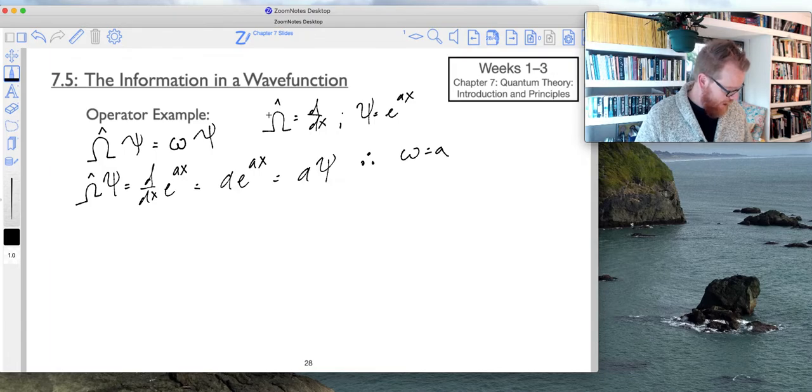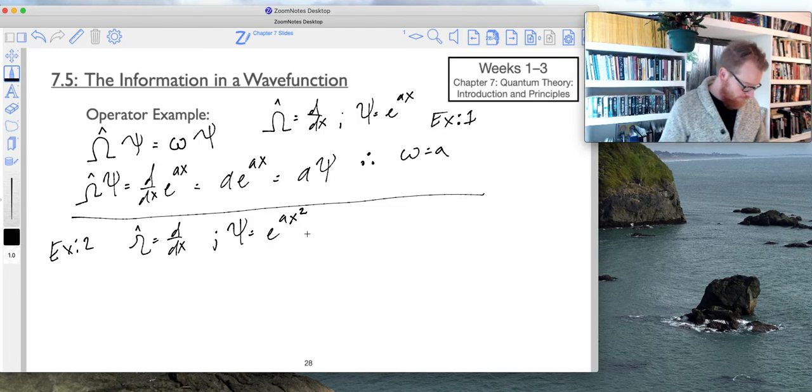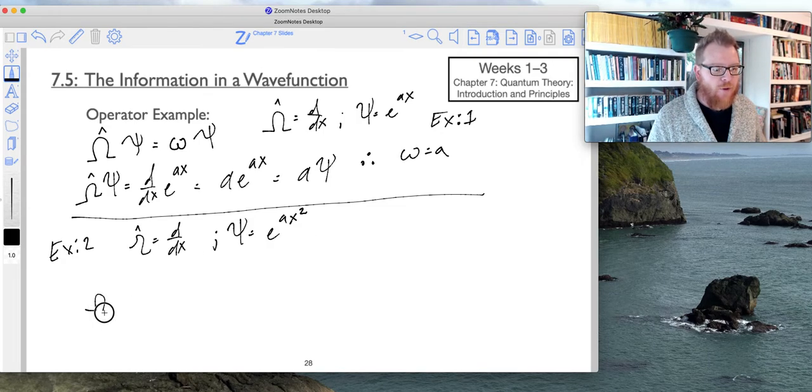But now I have another example we could do. Suppose we still have this same operator. I'll draw a line here, so we're going to move on. This is example 1 on operators. Let's do example 2. We'll still play with the same operator, d dx, but now let's suppose that psi equals e to the ax squared.